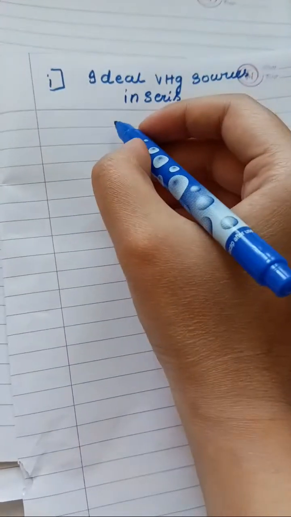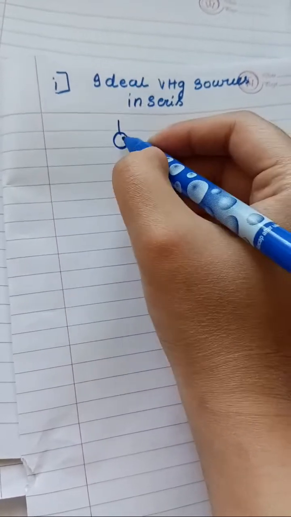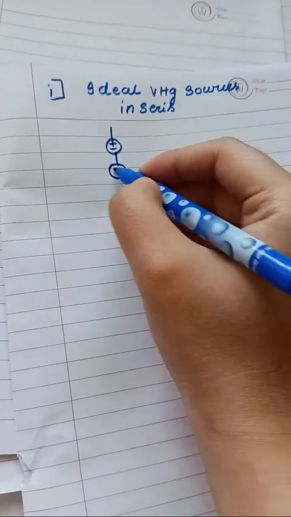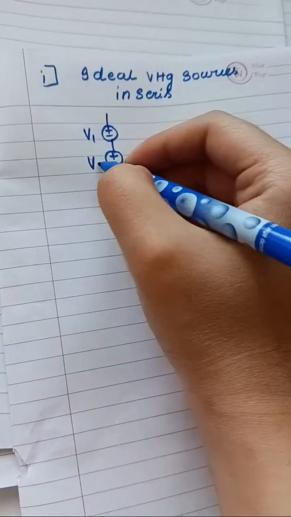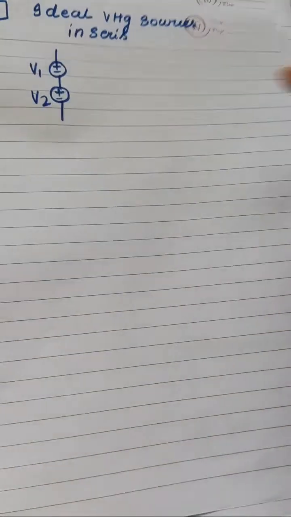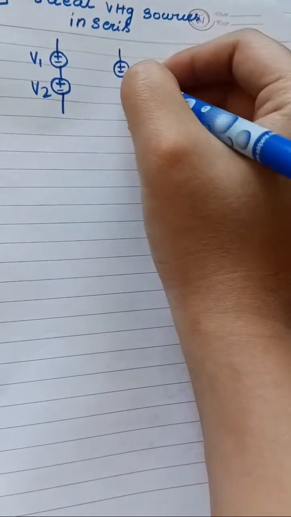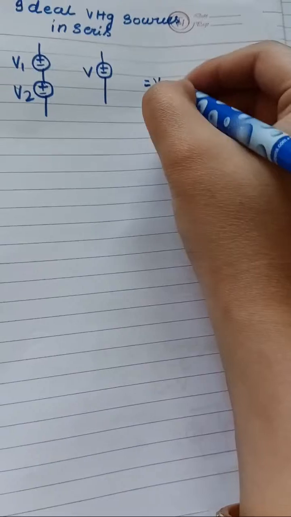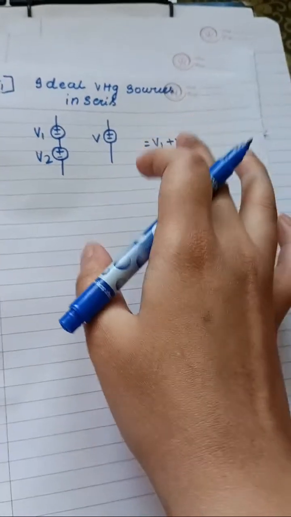If you have voltage sources in series, say V1 and V2, the total voltage V is equal to V1 plus V2.